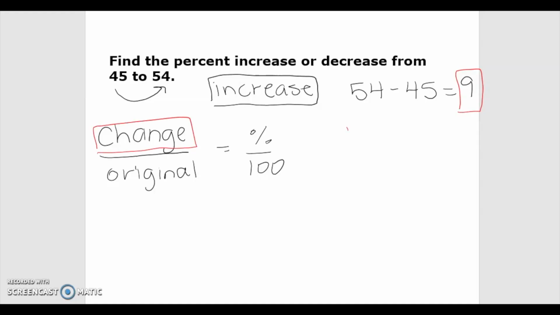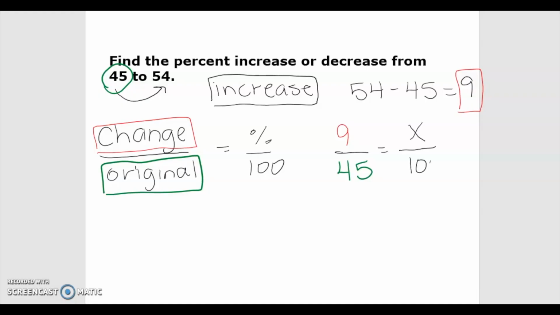So that's going to go in my numerator. Then I always want to compare that to my original, and my original amount was 45. So 9 over 45, and I'm solving for the percent.